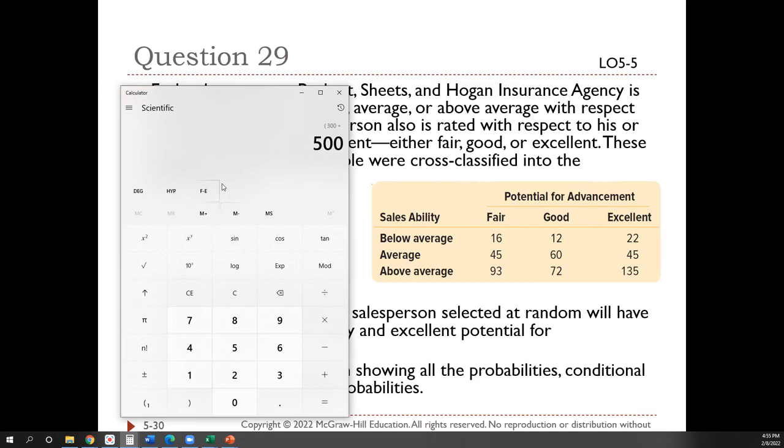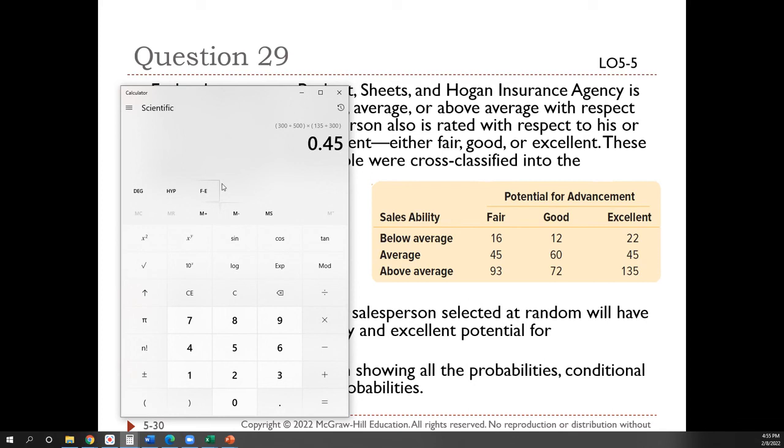And this is going to get multiplied by the actual excellent. So 135 divided by 300. Watch out for those denominators. The reason why we're only using 135 divided by 300 is because there's only 300 in the size of above average that hit excellent.